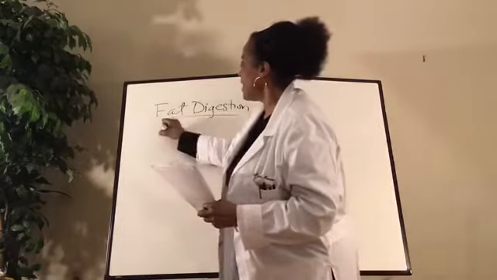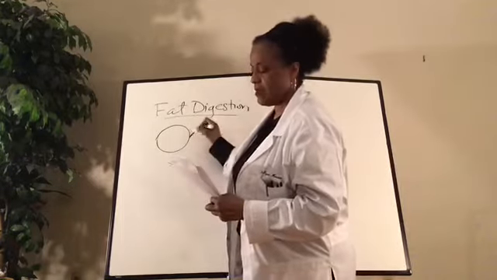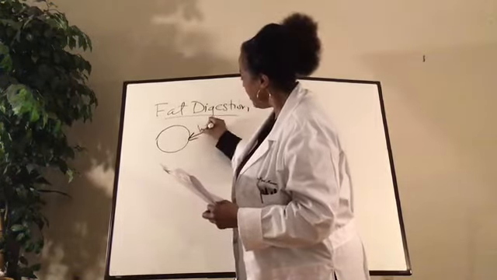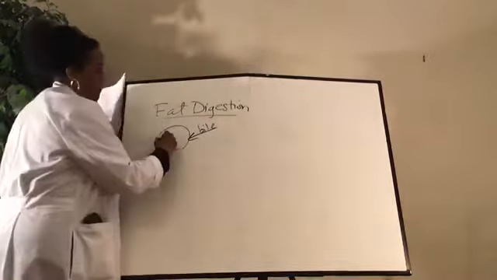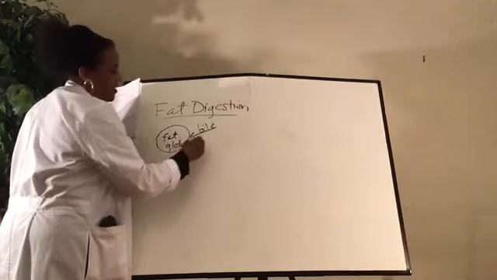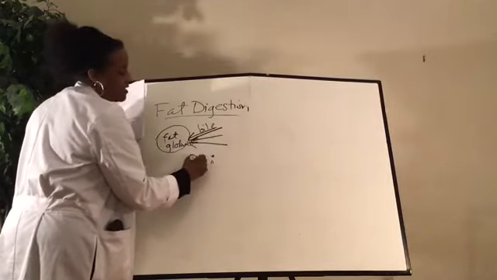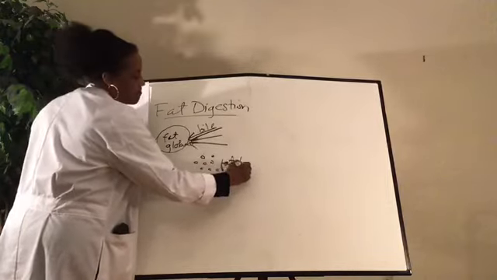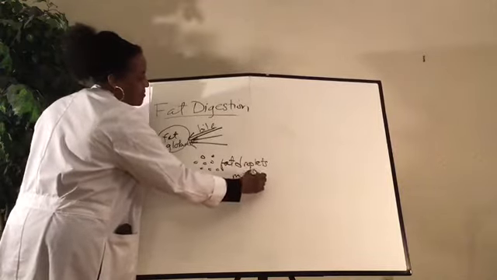So you've got a big globule like this. Well, then bile can come along to this fat globule, act on it, and then you can get these smaller fat droplets known as micelles.